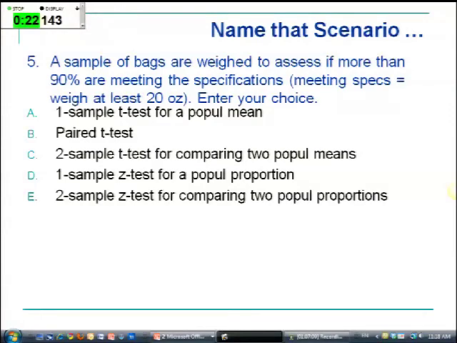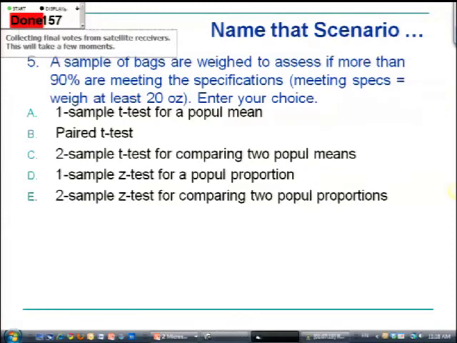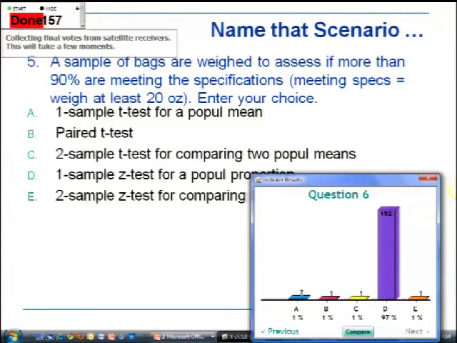So this one has only one more option left, but does it make sense too? I'll sample bags, I'll measure its weight, but I'm going to classify it as meeting specs or not. A yes or no. So the only one that's left is, of course, the test for proportion.